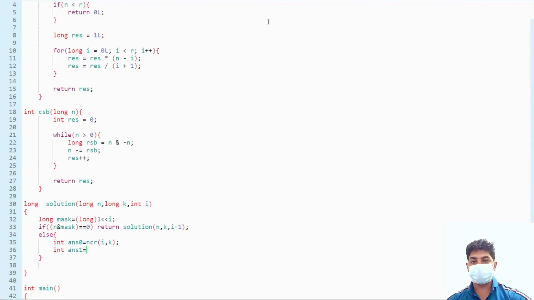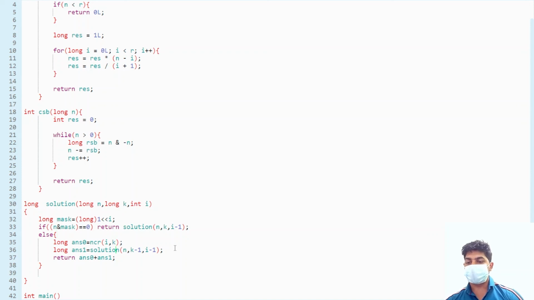So it will be the solution of n, k minus 1 and i minus 1. Here it will be long, not integer, since the return type is long, otherwise we'll lose some data. And finally we return answer 0 plus answer 1.